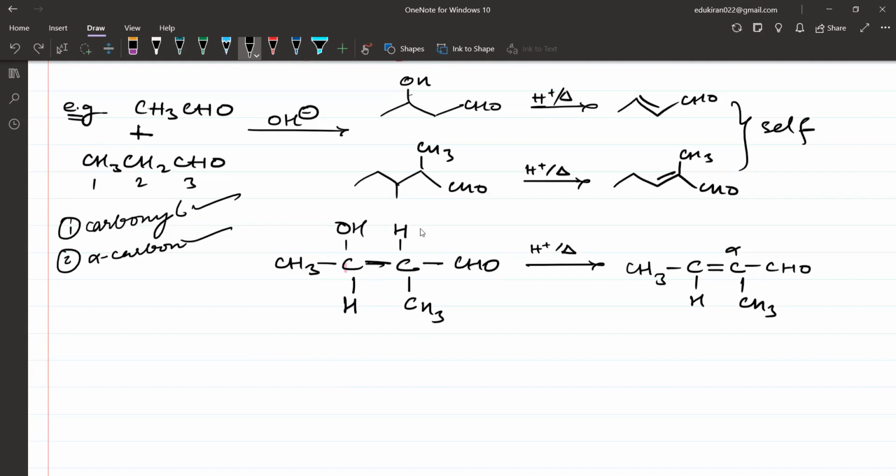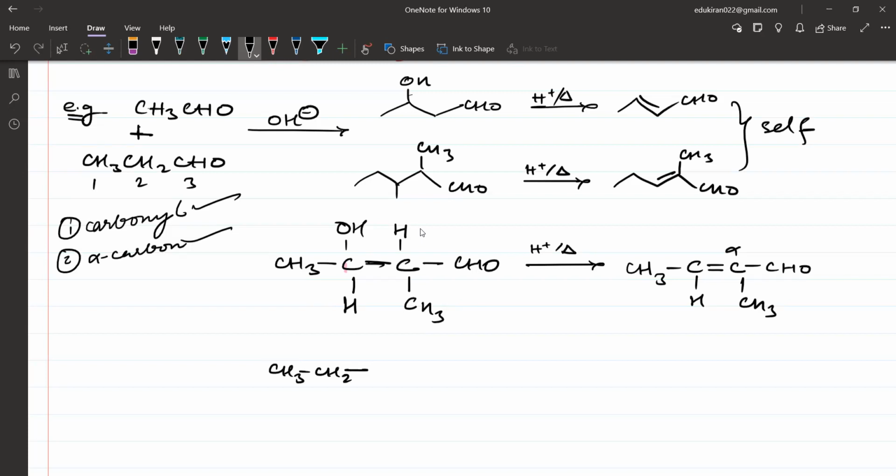Expand the carbonyl group. The propanol that you have taken, how many carbon atoms does it have? Three. Should I change anything in the first one? No. In the second one? No.